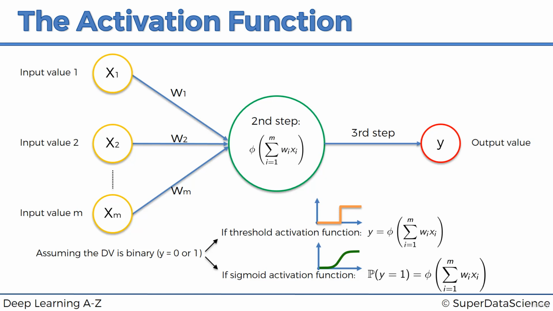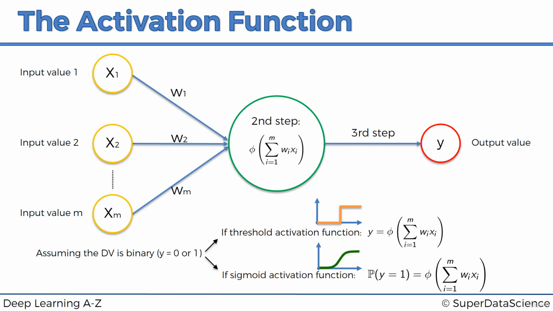Basically, the closer you get to the top, the more likely it is that this is indeed a 1 or a yes rather than a no. And that's very similar to the logistic regression approach. And those are just two examples if you have a binary variable.